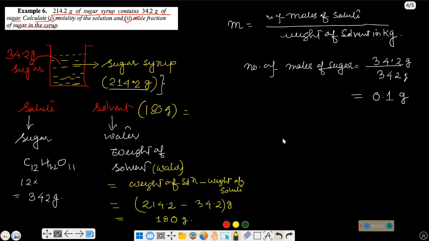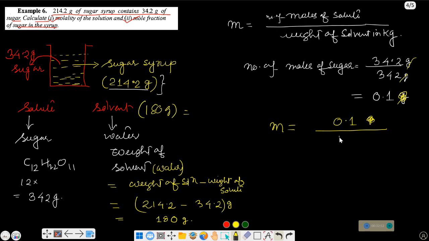Now you put for molality, M equal to how much? Number of moles is 0.1, not gram. Number of moles is 0.1 because gram got cancelled. It is a unitless quantity.